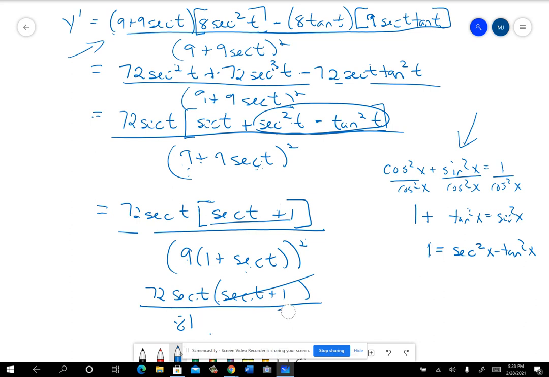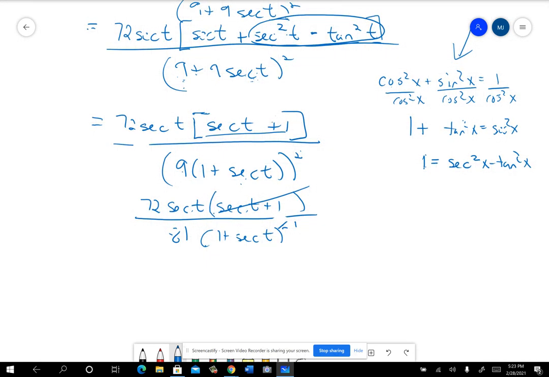Let me do this again. So 1 plus secant t squared, one of those can go, and I just have 1 left down there. So let's see then. 9 would go into each of these, so that would be 8. That would be 9. So I'd have 8 secant t over 9 times 1 plus secant t. All right, I think that's it.